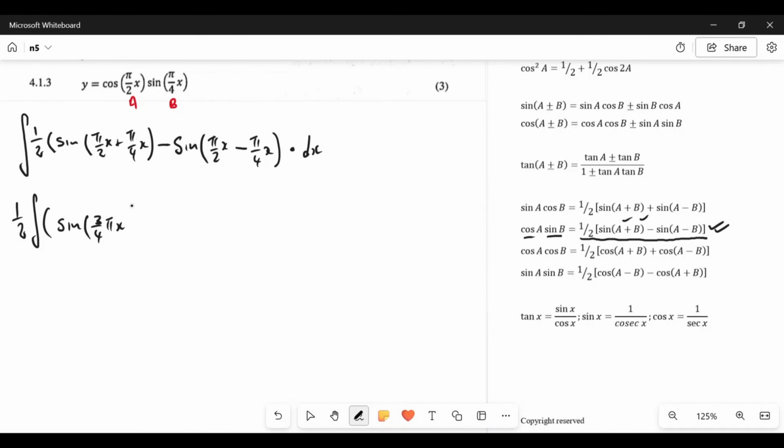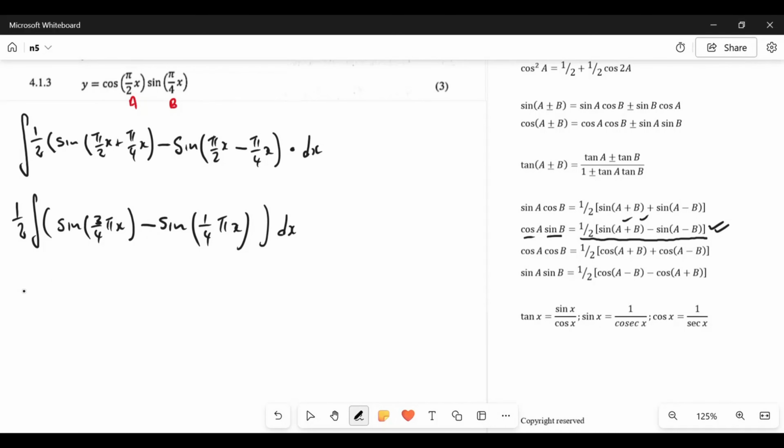There we go. Then I close the bracket there. Minus sine. So this one here, we have pi over 2 x minus pi over 4 x. So what do we have there? We have 1 over 4 pi x. There we go. And this here multiplied by dx. So when it's like this, we are finished with the simplification.